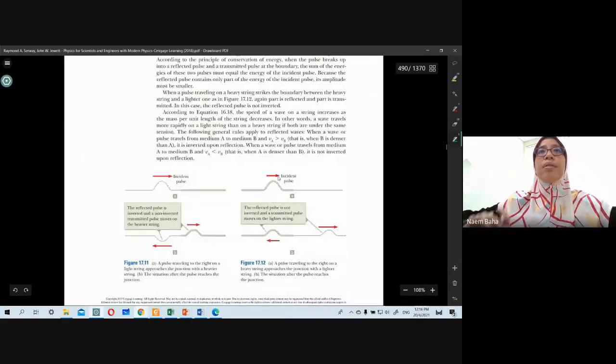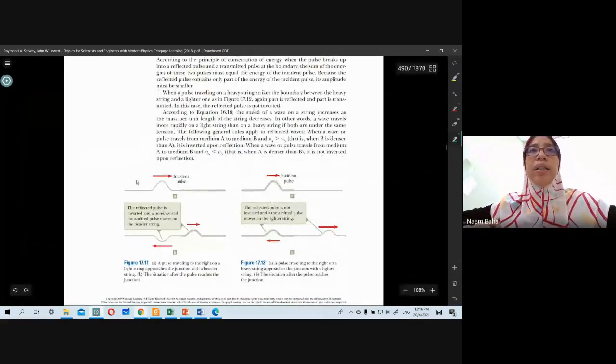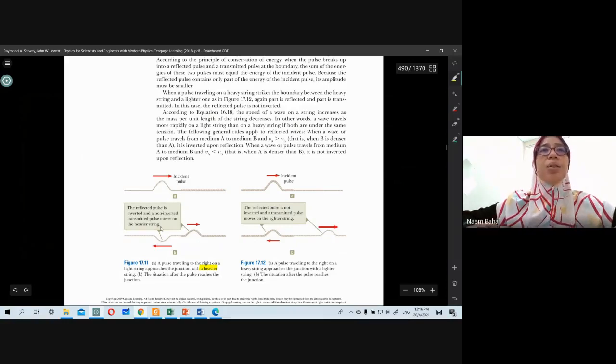Okay, is there anything else? All right. This is a case whereby you have a wave traveling, passing through a heavier or higher density medium, and you can see that the amplitude is slightly becoming less.